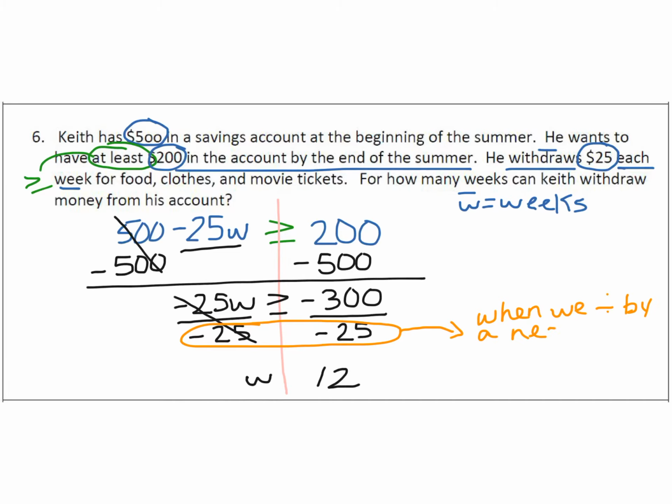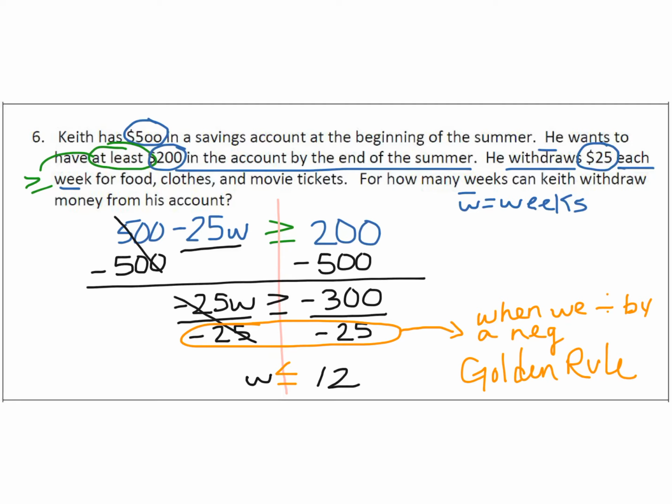Okay. We have to apply the golden rule, which is to flip the inequality the opposite direction, okay? And then let's read what this actually says. W is less than or equal to 12.